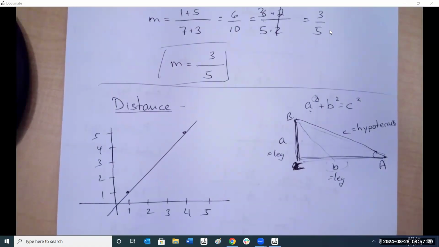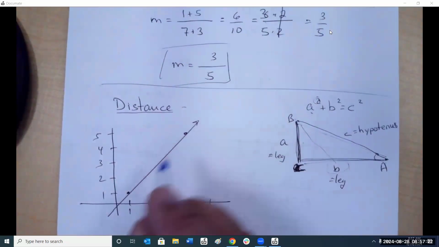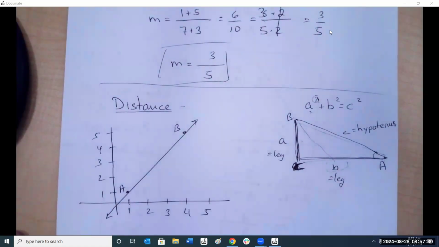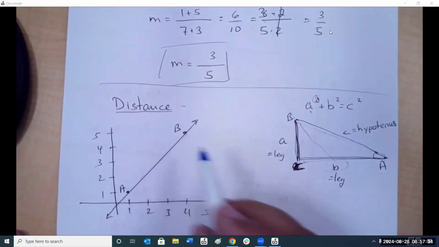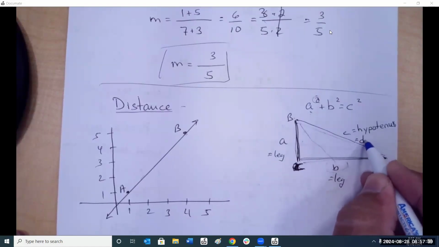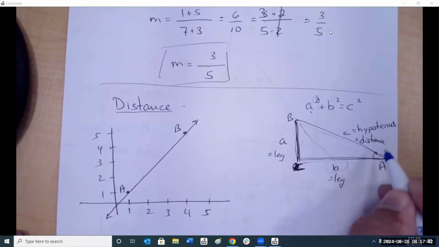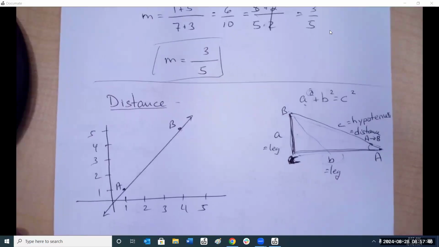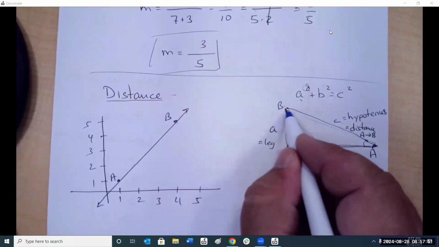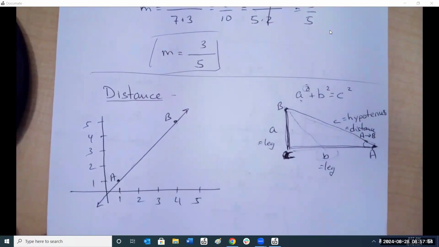By drawing that line, are you creating a new hypotenuse so we can figure out the distance from A to B? This is going to be the c line. The hypotenuse equals the distance from A to B. The hypotenuse is the distance from point A to point B. It's the shortest distance.